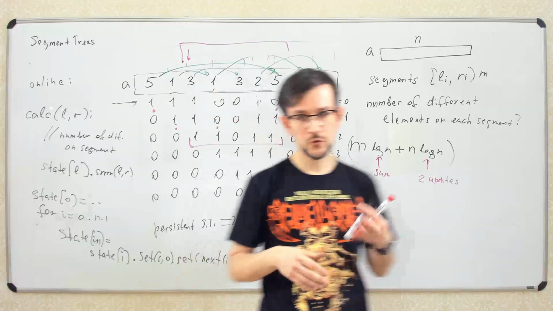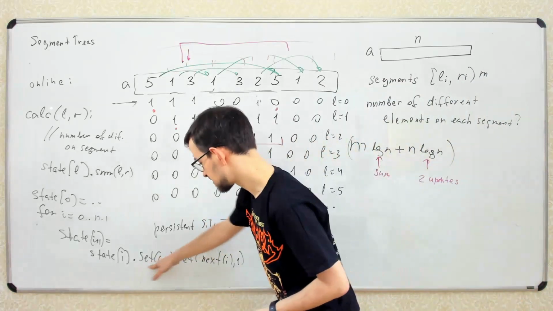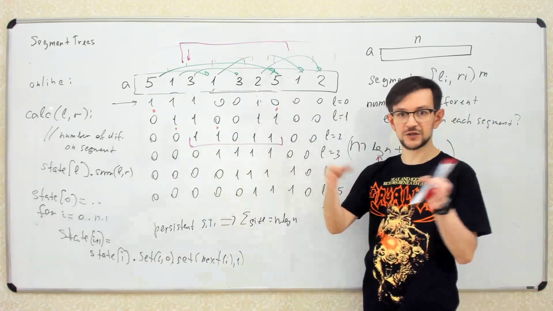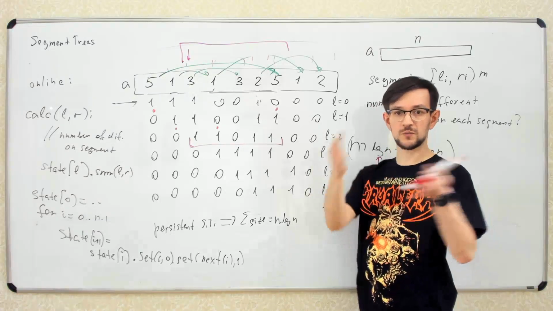So if you use persistent data structures, you can just apply this operation and get the new version of this data structure, and you didn't break the previous version.